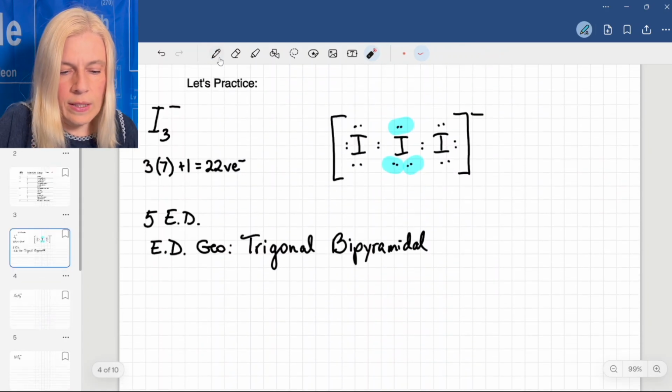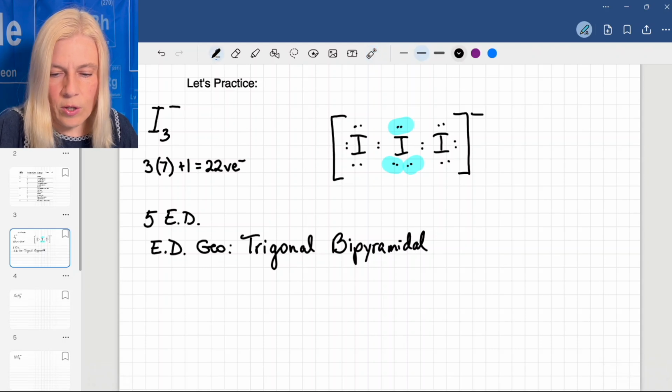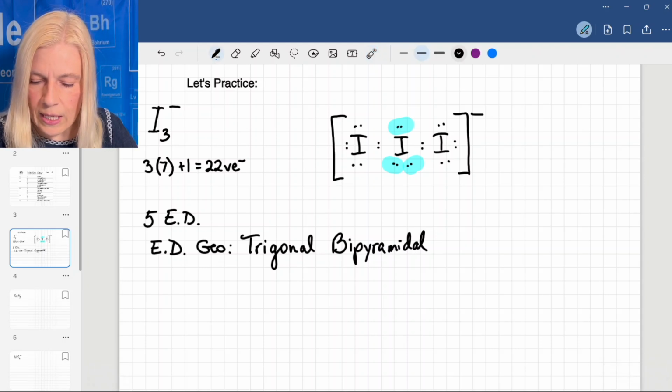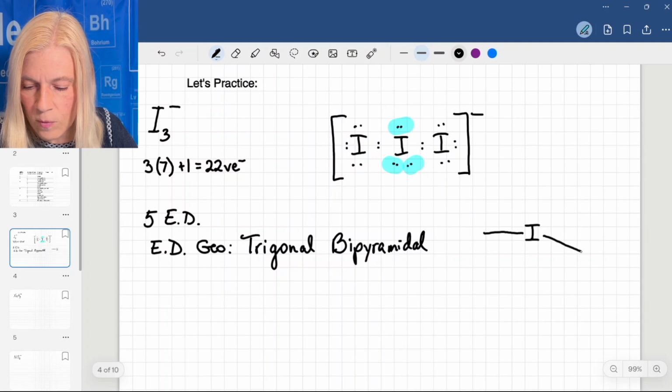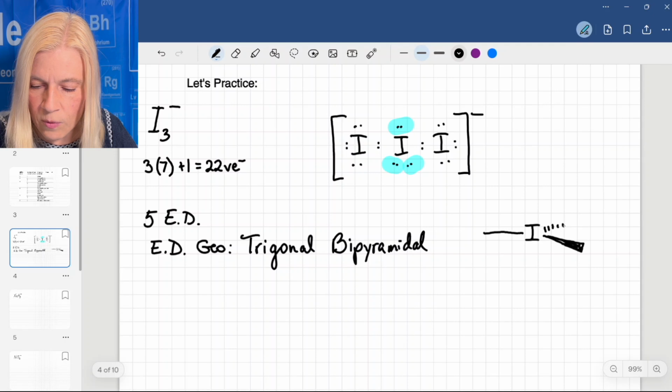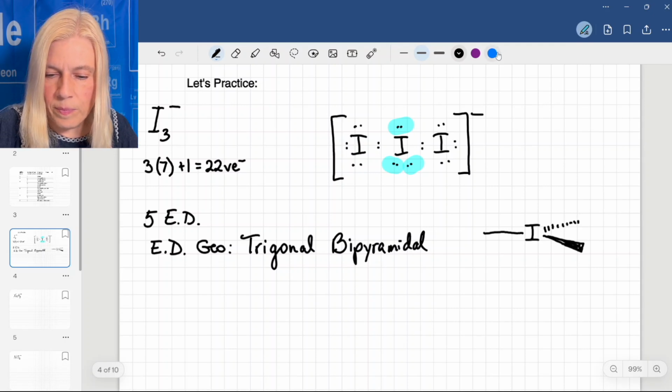Okay, let's draw it. Let me show you how to draw this. We're going to stick the central iodine right in the middle, and then I'm drawing 5 electron domains. One will be on the paper here, one will be sticking out, and one will be going in. These three will all be on the same plane.